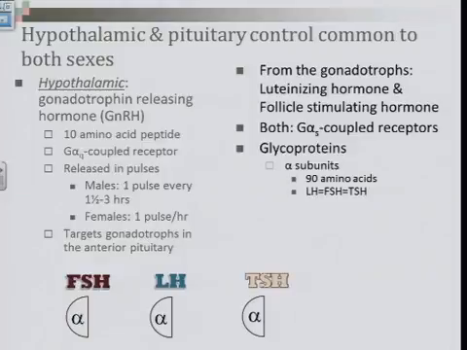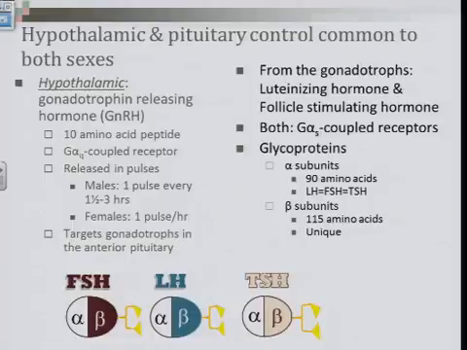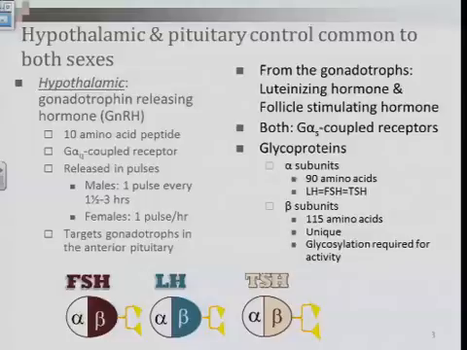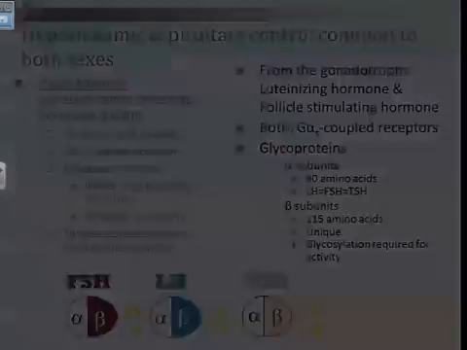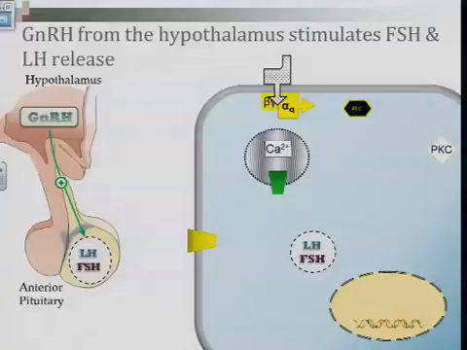That's the same alpha subunit found in thyroid-stimulating hormone. However, each has a unique beta subunit that's glycosylated, and that glycosylation is required for their activity. It won't bind the receptor correctly if the beta subunit isn't glycosylated. So GnRH from the hypothalamus stimulates FSH and LH release.